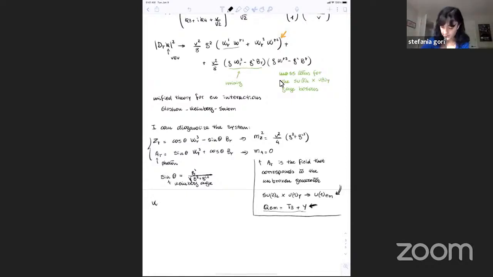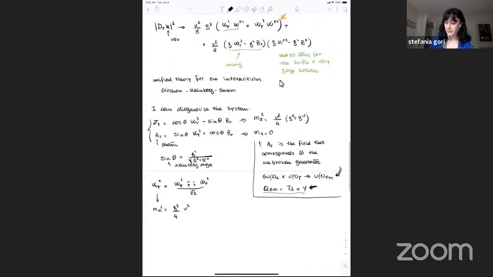That's why I define W mu plus minus as the combination W1 minus plus i W2 over square root of 2. And then we can show that the mass of this particle is equal to g squared over 4 V squared, again proportional to the vacuum expectation value of the Higgs. Okay.